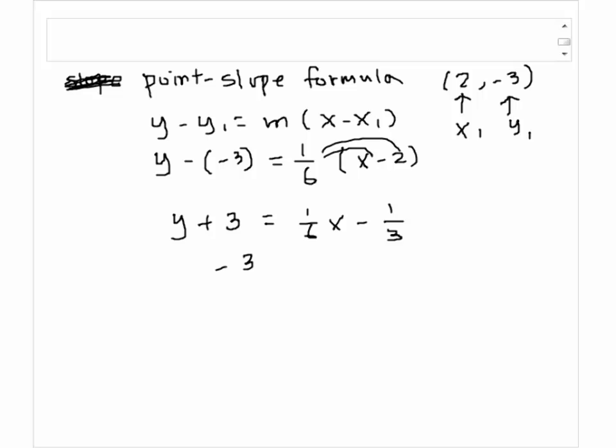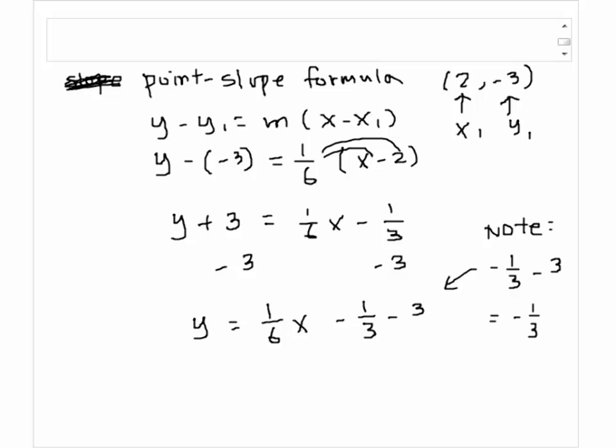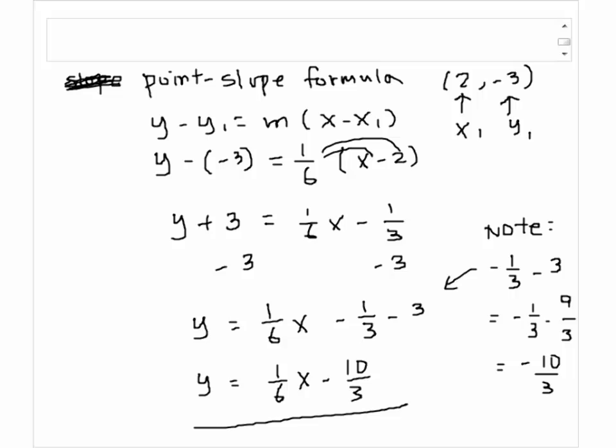By subtracting 3 from both sides, we have y equals 1 over 6x minus 1/3 minus 3. Note that negative 1/3 minus 3 equals negative 1/3 minus 9 over 3, which is negative 10 over 3. So the answer is y equals 1 over 6x minus 10/3.